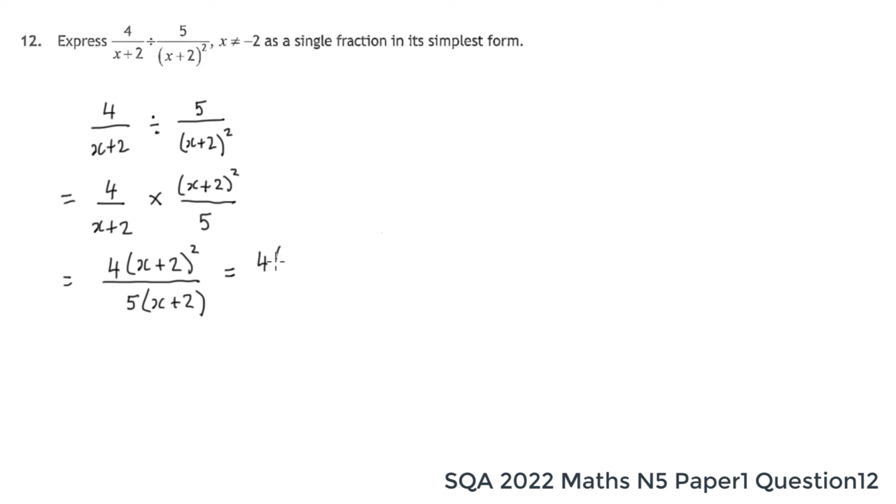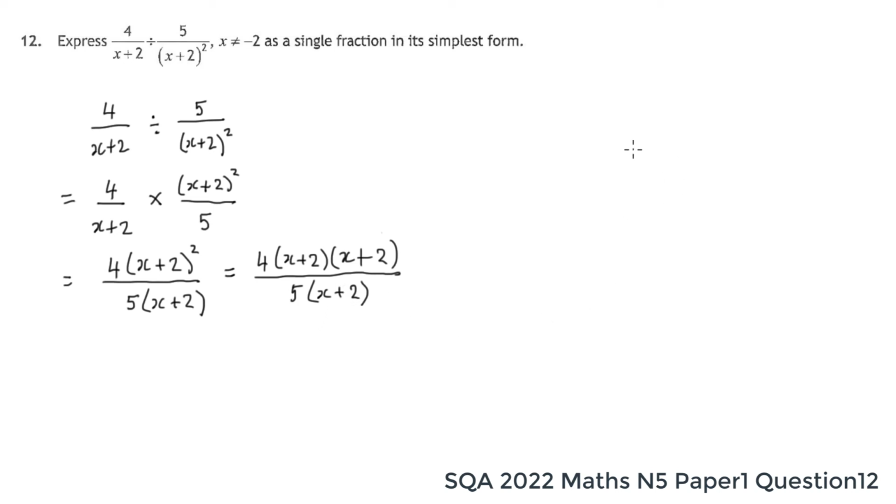Remember, x plus 2 squared means x plus 2 times x plus 2. And we can divide the top and the bottom of this fraction by x plus 2. There's a factor of x plus 2 in both top and bottom.